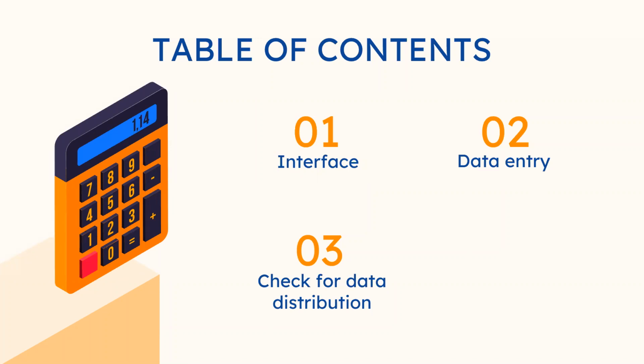If it's normally distributed, you're going to use the parametric version of the test, which is student's t-test. But if you check and the data distribution is skewed, you may want to use the non-parametric version of the student's t-test, which we call the Mann-Whitney U-test. So step number three is very important even before you start your analysis.